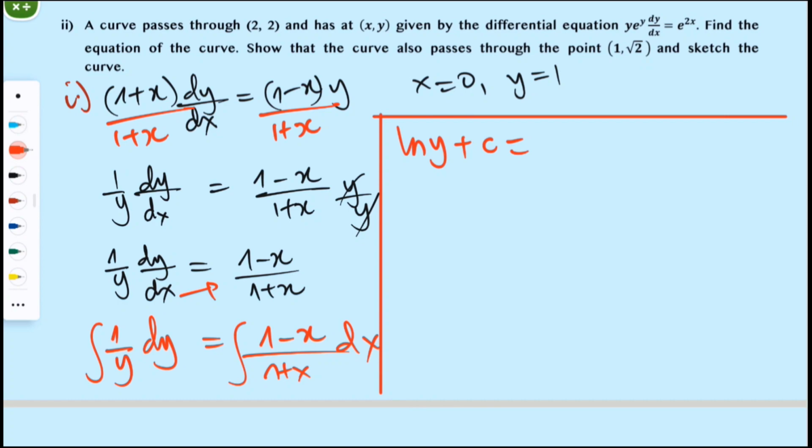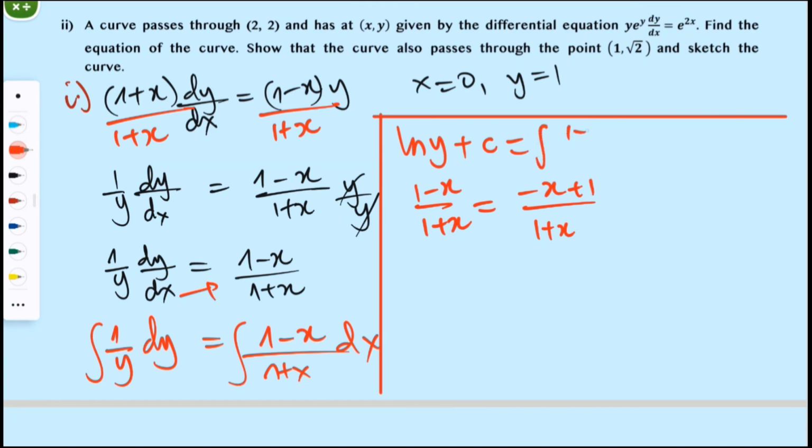And then on the right hand side, we have the integral of (1 minus x) over (1 plus x), which can be rewritten as a function with partial fractions. So let's quickly get the partial fractions of (1 minus x) over (1 plus x), like in the previous question. This is the same as (negative x plus 1) over (1 plus x).